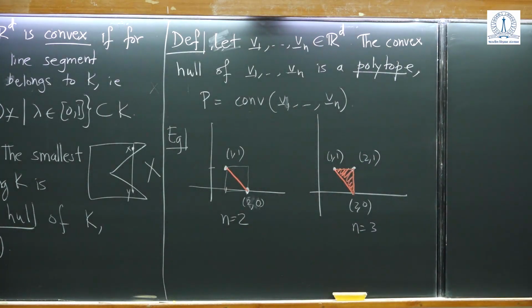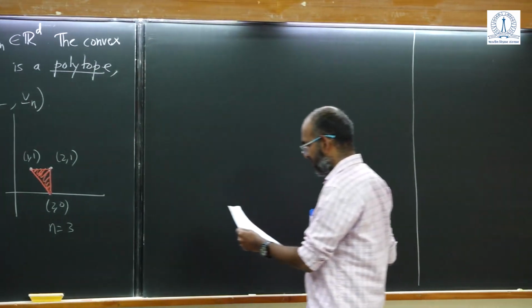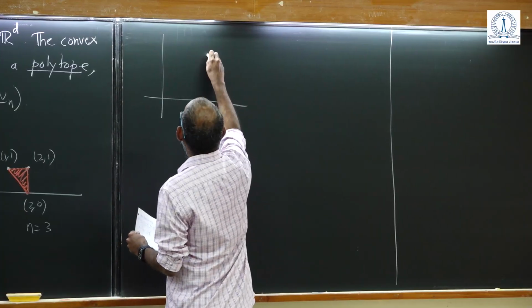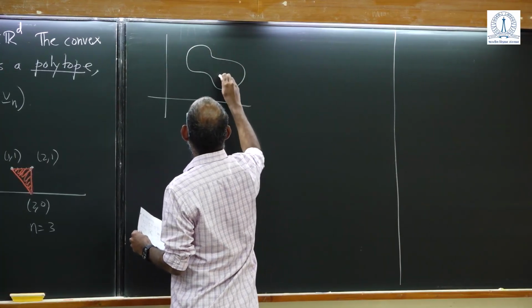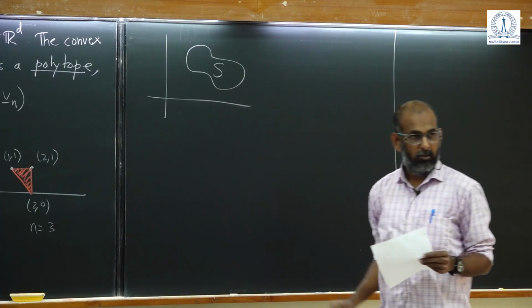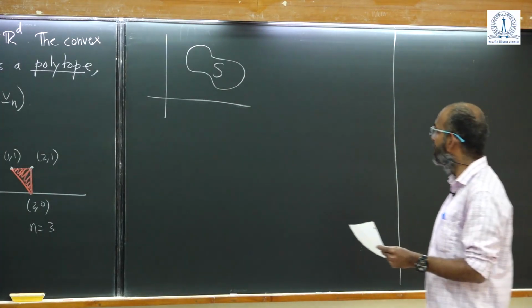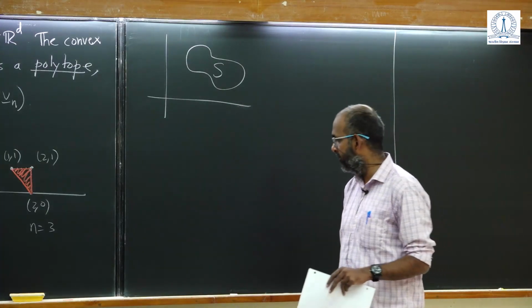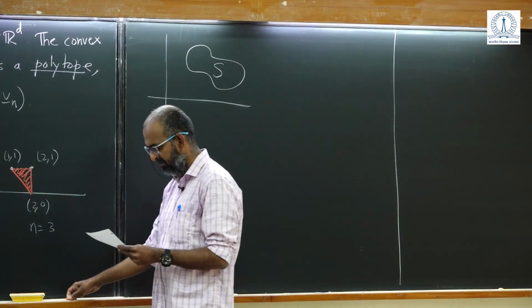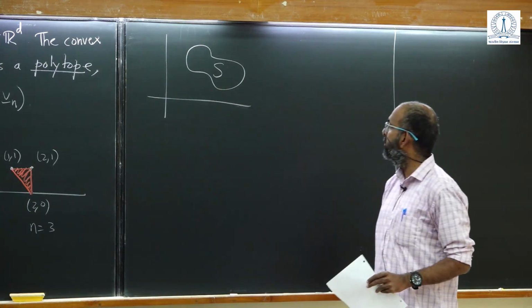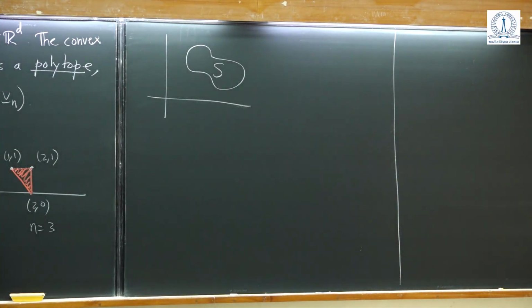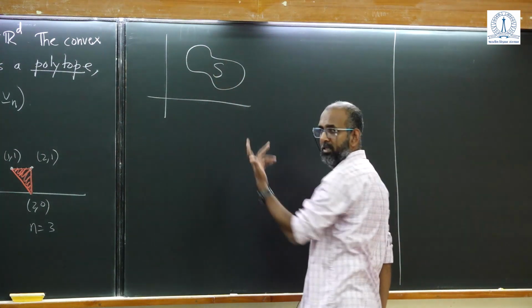And let me do one more example. Suppose I have some funny shape like that. So this is a set S. Okay, what is its convex hull? How is it going to look? Think of any line that's already in the set S, that is unaffected, right?